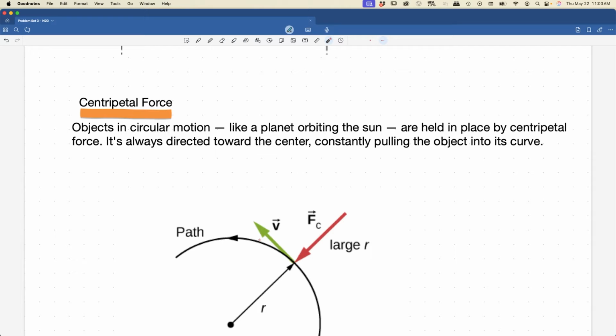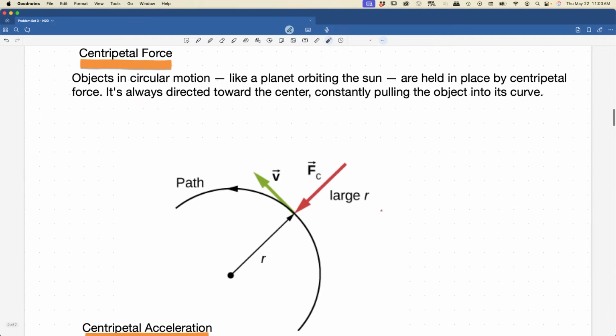The centripetal force is always directed towards the center, and it's constantly pulling the object into its curve. You can see that the centripetal force F sub c is towards the center, and that is what keeps the object in its circular path.